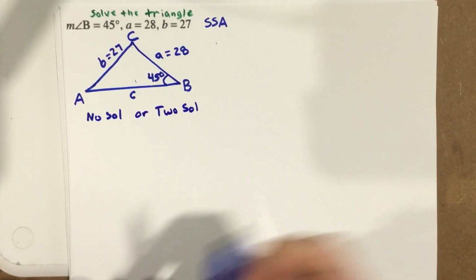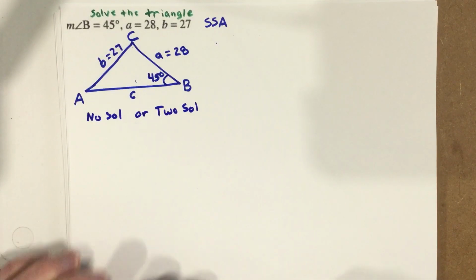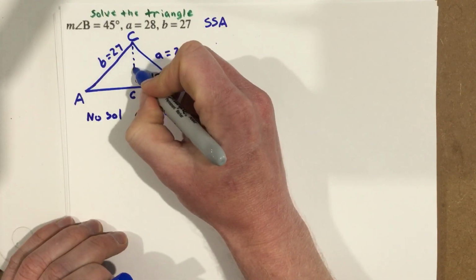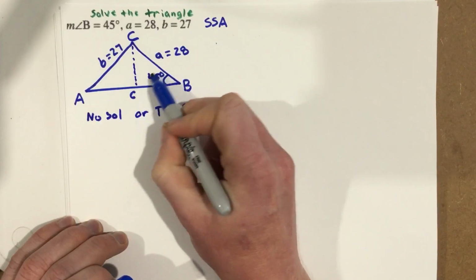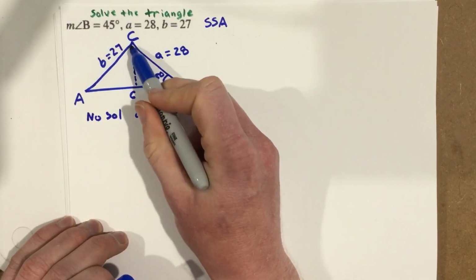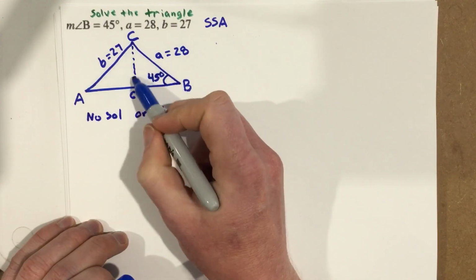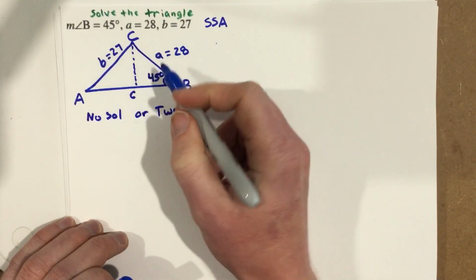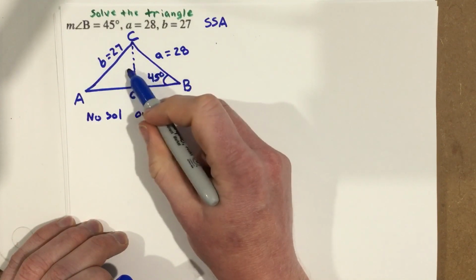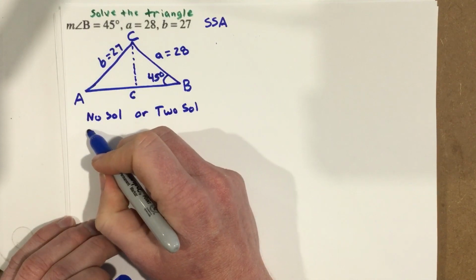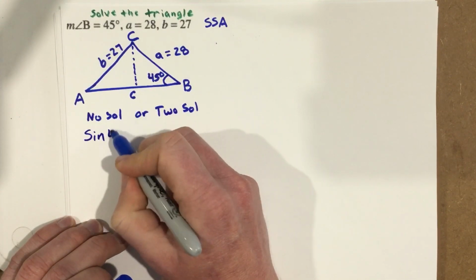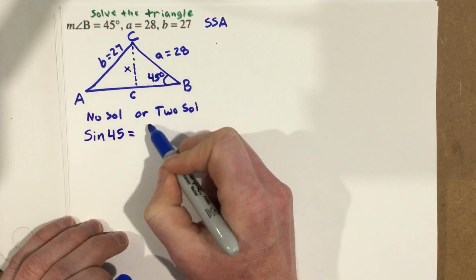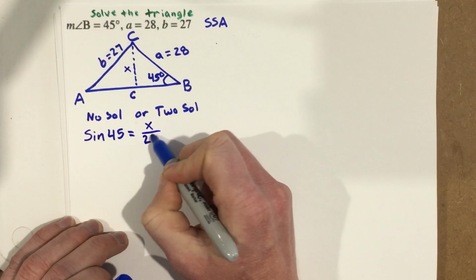Okay, how do we tell if it's no solution or 2 solutions? Well, we're going to draw like a fake side for this 45-degree angle and find the minimum side length we can have for this side B. We can find this using sine: sine of 45 equals opposite, which we'll call x, over 28.